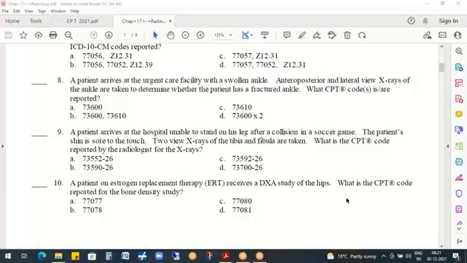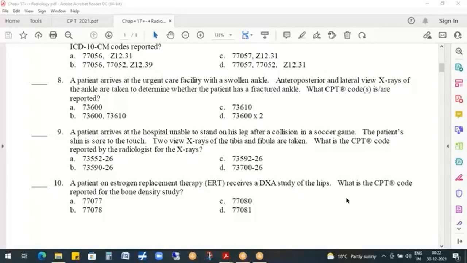Sir, in the 8th question it is mentioned as lateral. Anterior posterior is one view. Lateral is one view. Total how many views are there? 2 views are there. If it is mentioned as anterior and posterior, then 2 views.